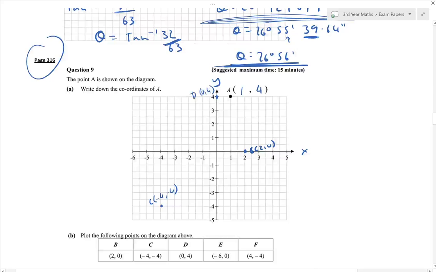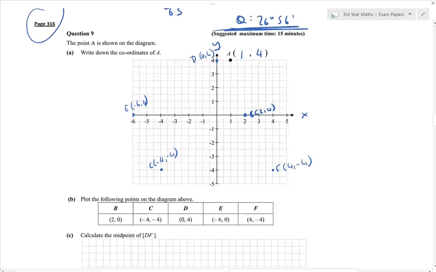E is minus 6 on the x-axis and 0 on the y. And F is 4 on the x-axis and minus 4 on the y. Okay, so that's that part done.